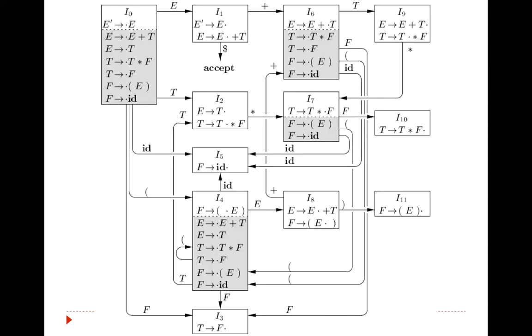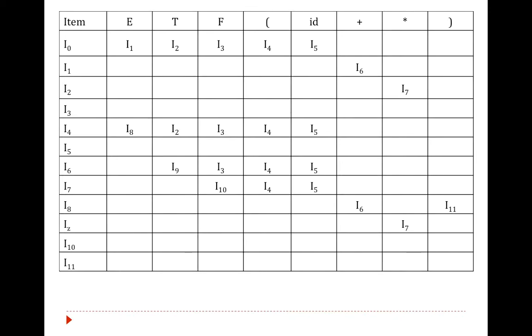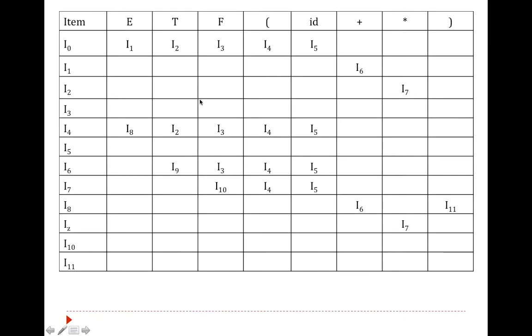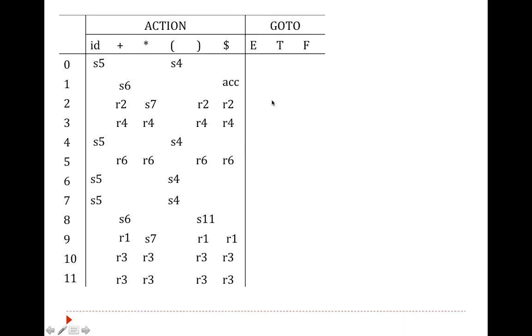Now the same automata I have represented in the tabular form, like with I0, with E it goes to I1, with T it goes to I2. So in the same way, these state levels are just listed here. Now this table will be utilized further.